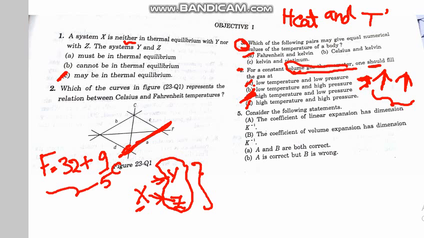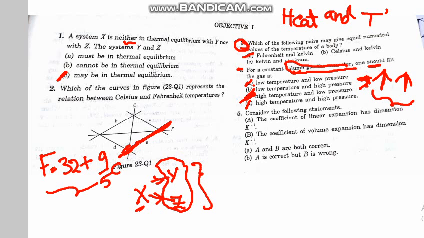And question 5: consider the following statements. The coefficient of linear expansion has dimension per Kelvin, and the coefficient of volume expansion also has dimension per Kelvin. Are these two statements correct or not? First you have to know about the expansion values, because you can't tell without knowing about volume expansion and linear expansion.